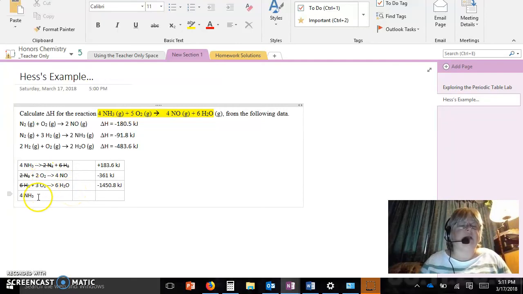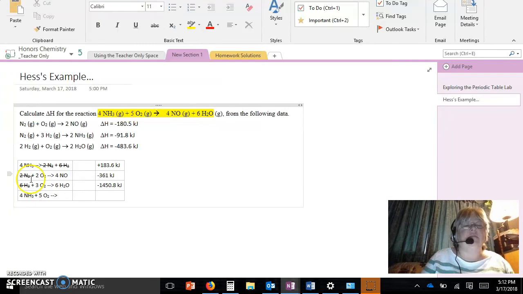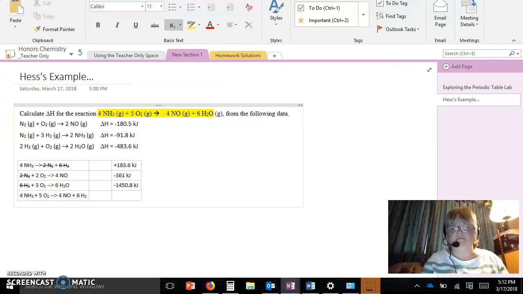So, because they're just reactants, they're going to have to just get summed. So that means plus 2 plus 3 gives me 5 O2s. And now I take a look at my products. I've got 4 NOs. I don't have NO anywhere else, so that's going to stay as is. And 6 H2Os. That's going to stay as is. And I double check. This is indeed what my original reaction was supposed to be.